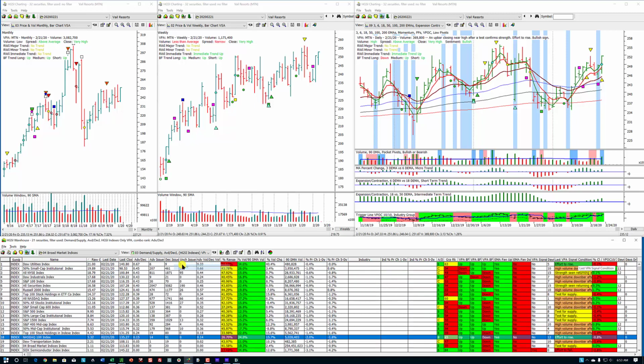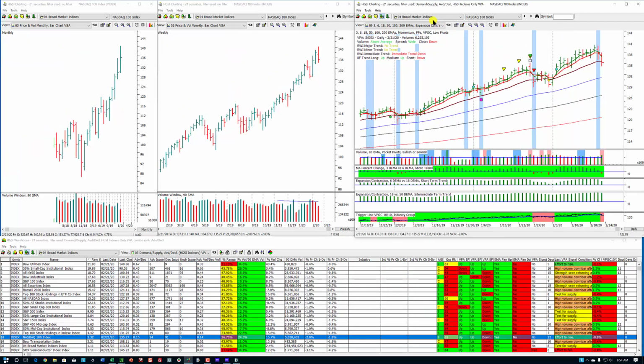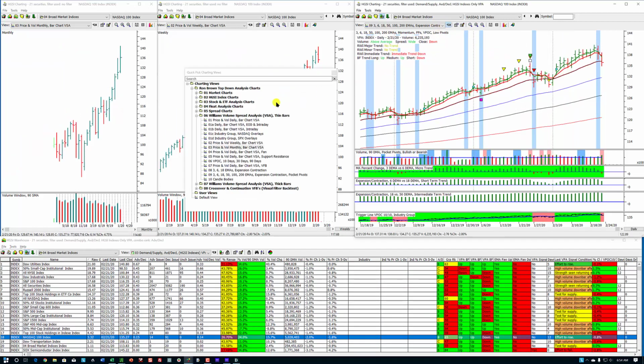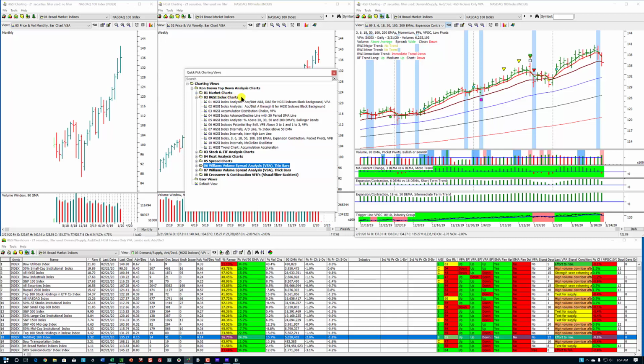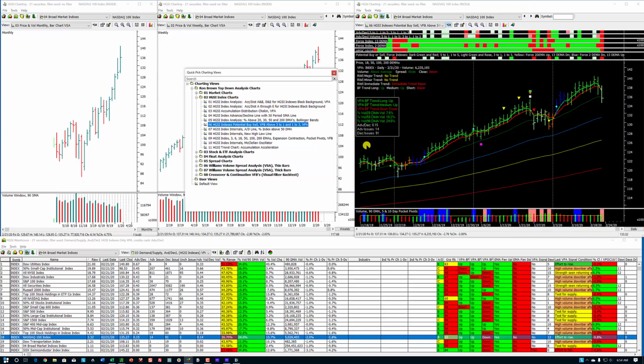I'm going to go back to the actual index itself, and I'm going to bring it up, and then I'm going to click up here on the quick pick. Going to go to the HGSI index charts, and I'm just going to go down to one of my favorite charts, which I put together probably, I'd say 15 years ago now.